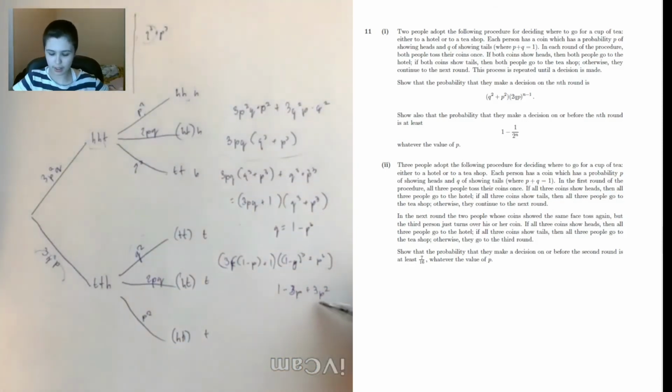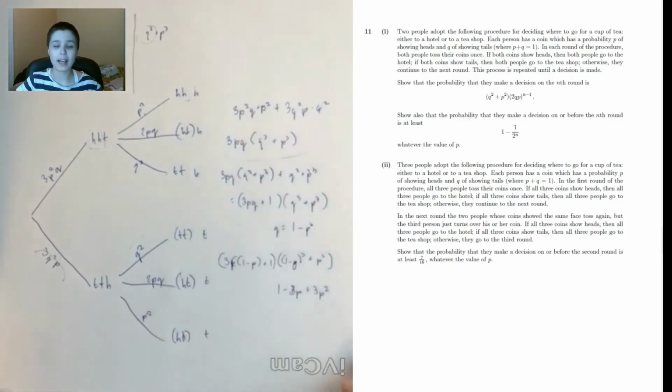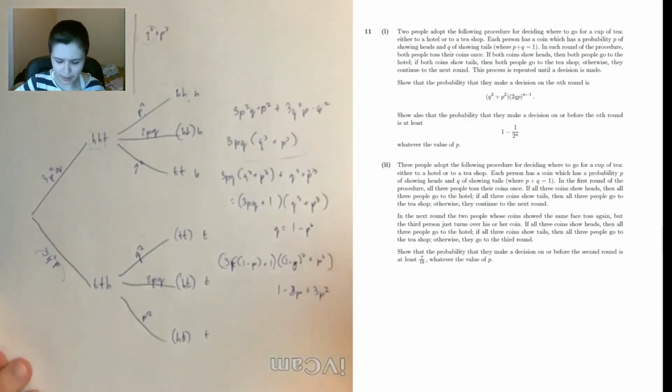But the point is, this is a positive quadratic in p, and this is going to be a negative quadratic in p because we have a 3p times 1 minus p. And so that means that in total, multiplying these two is going to give me a negative quartic in p.